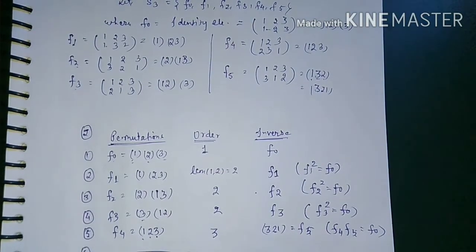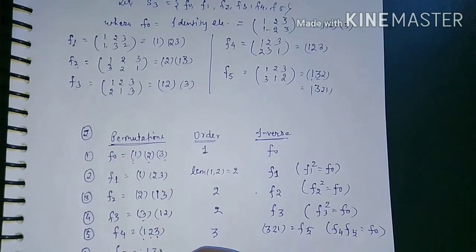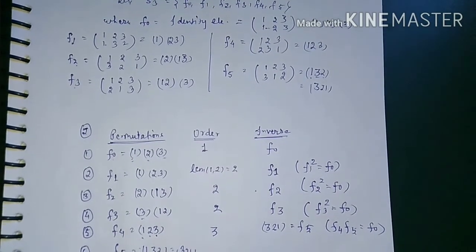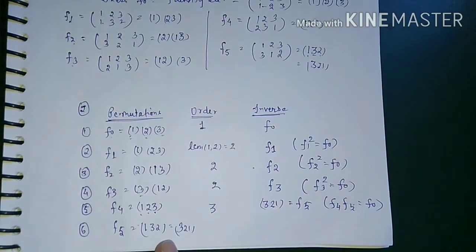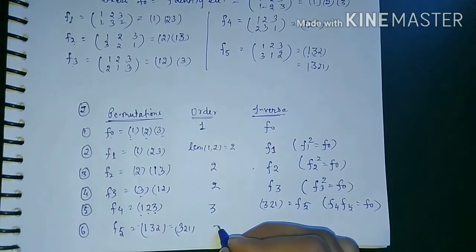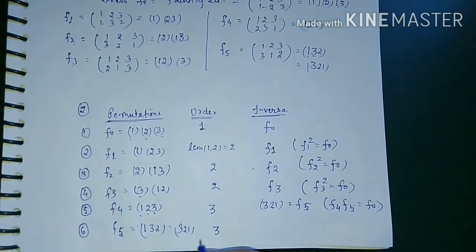The last element, the sixth element, is F5, and it is equal to (1, 3, 2) or (3, 2, 1). Again this is a single cycle of length 3, so it has order 3.